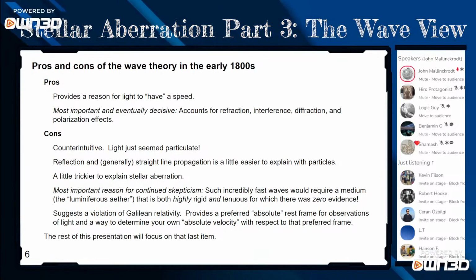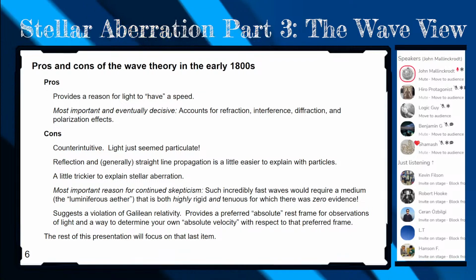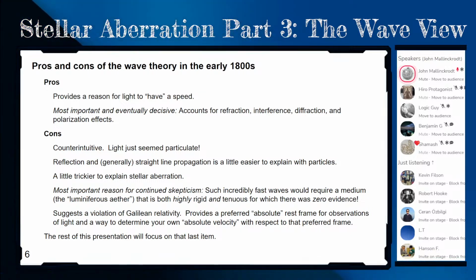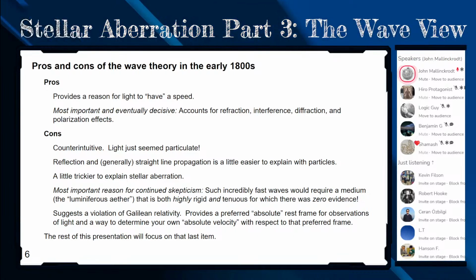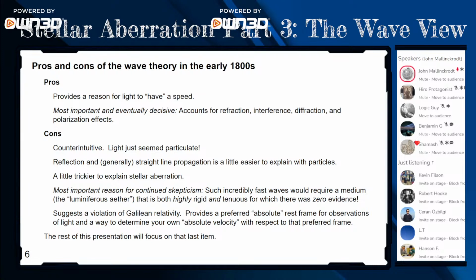It's hard for me to think of wave light as being counterintuitive because I know so much about why we think that. But if you don't know that, it really is a counterintuitive idea. Light just seems like particles. Reflection and general straight-line propagation is just easier to explain with particles.